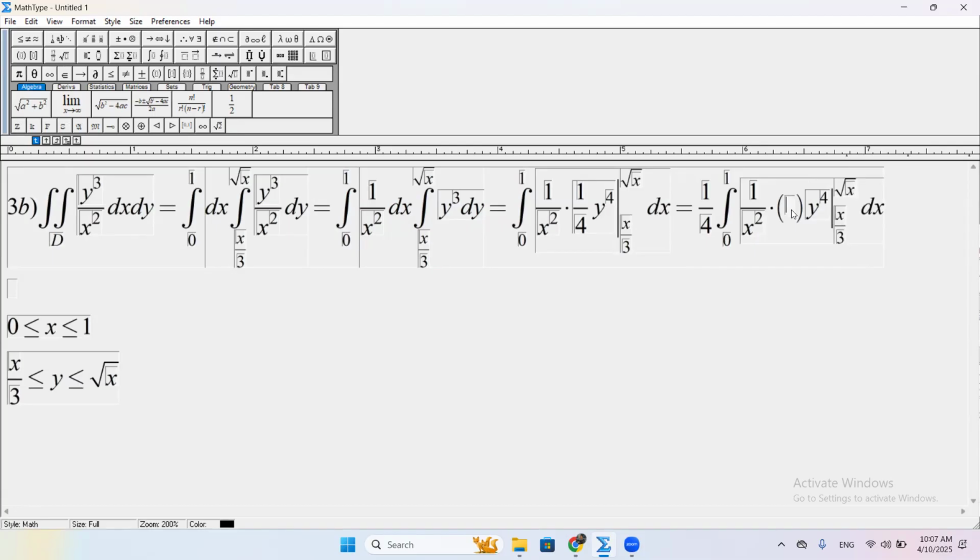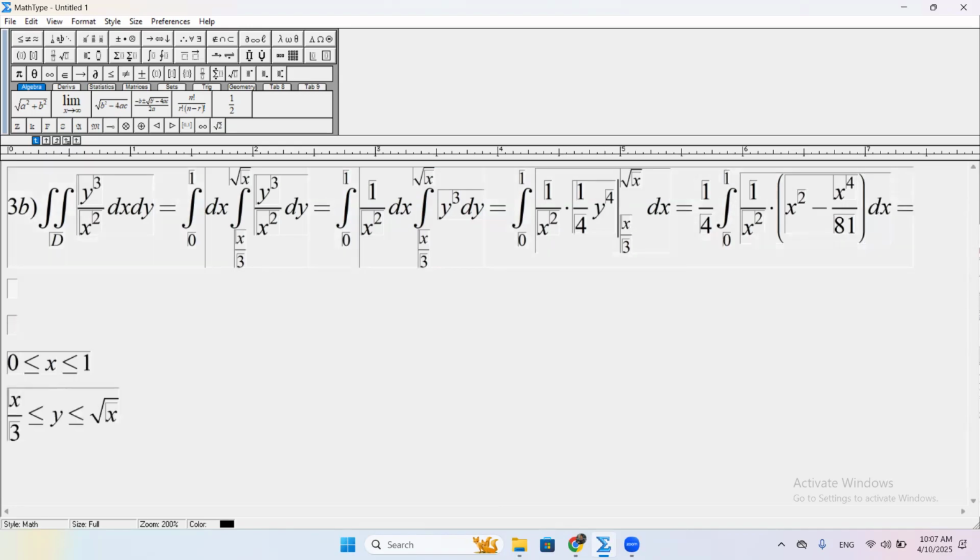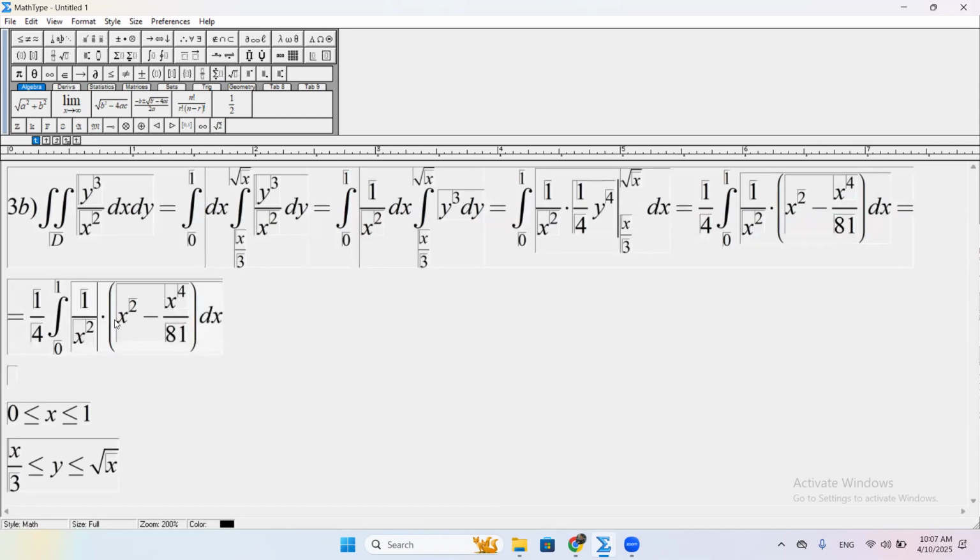So what do we have? x squared minus x in power of 4 over 81. So 3 in power of 4 equals 81. So we have the following definite integral. We can also simplify it. So it will be equal to 1 minus x squared over 81.